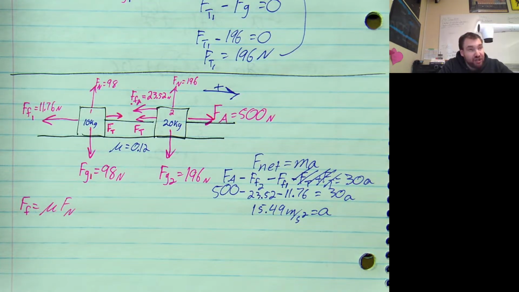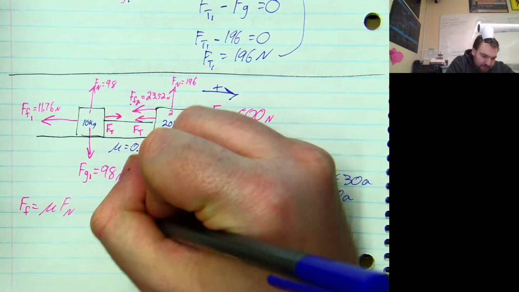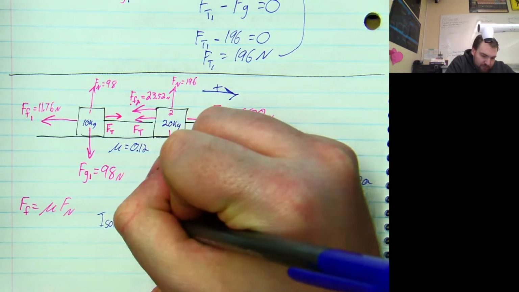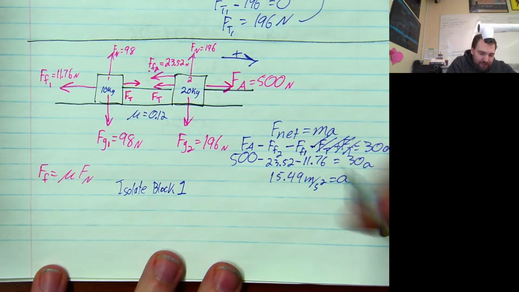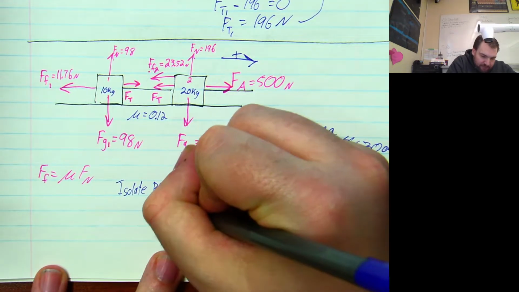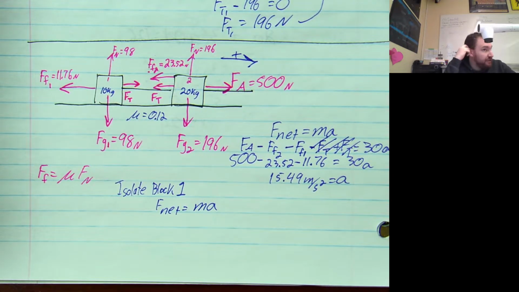Then to find tension, we isolate one block. Which block do you want to isolate? Left one makes more sense. There's less going on with the left block. So we're going to isolate block 1. So now I'm going to get F net equals ma. The forces acting in the direction of motion for block 1 are what?